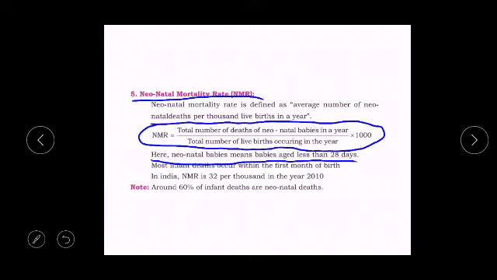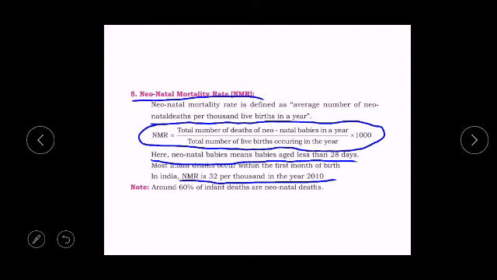In India, NMR is 32 per 1,000 in the year 2010. So out of 1,000 live births, 32 babies are dying within 28 days, and IMR is 47.